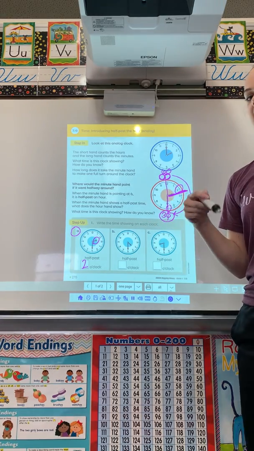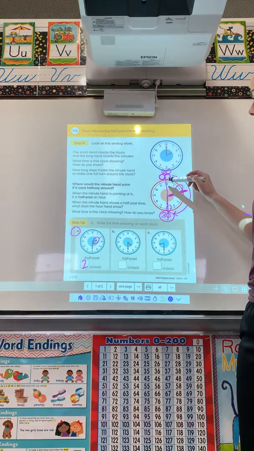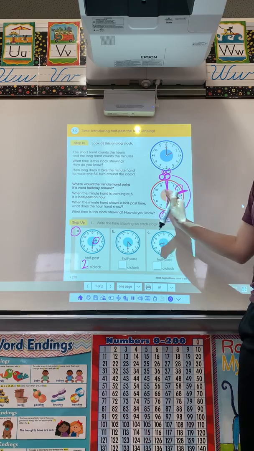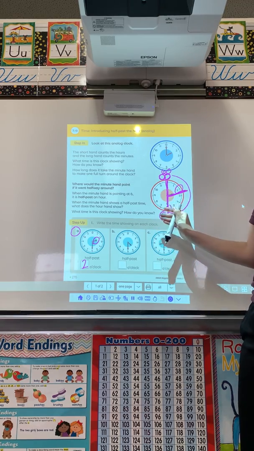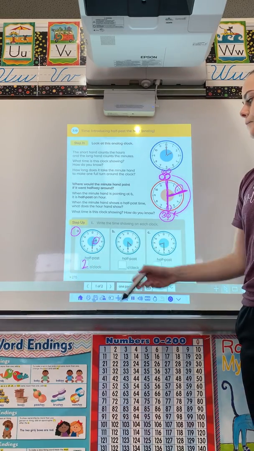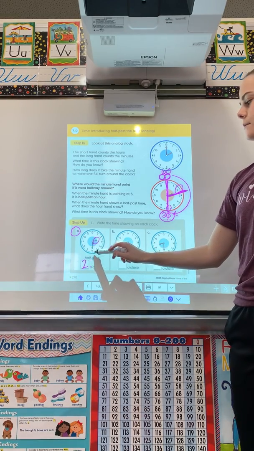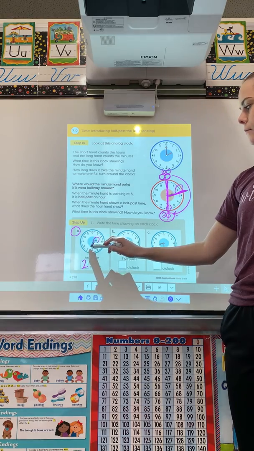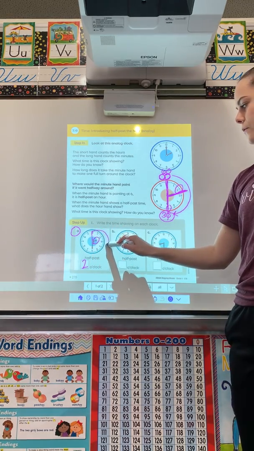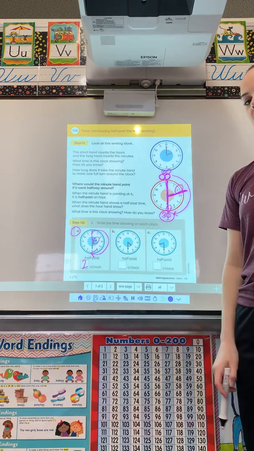The reason why they say half past is because it's halfway on the clock. See how I split the clock in 2 parts? So that makes a half. So they say half past 2 o'clock. This big minutes hand is halfway on the clock. Because it starts here, it traveled halfway around the clock.